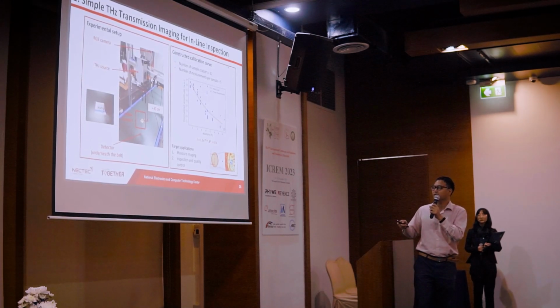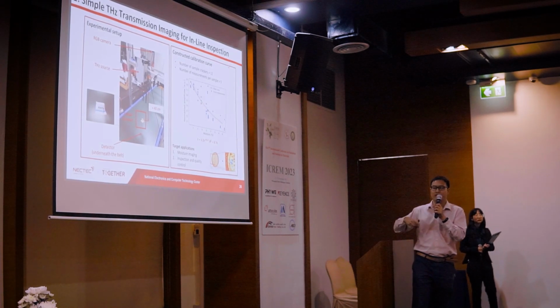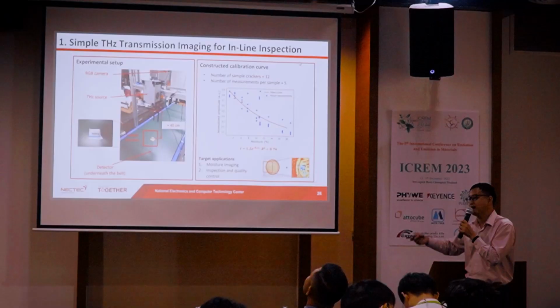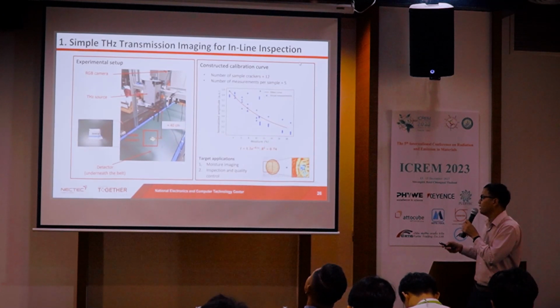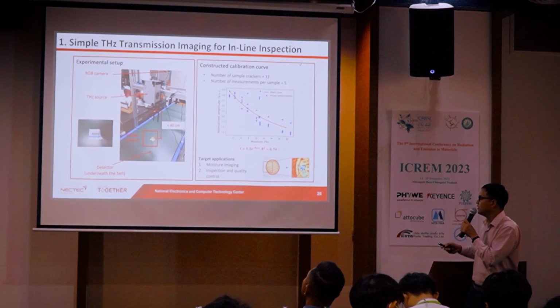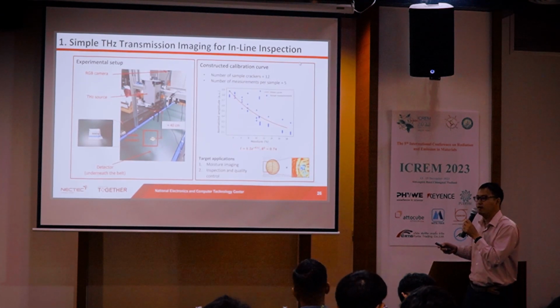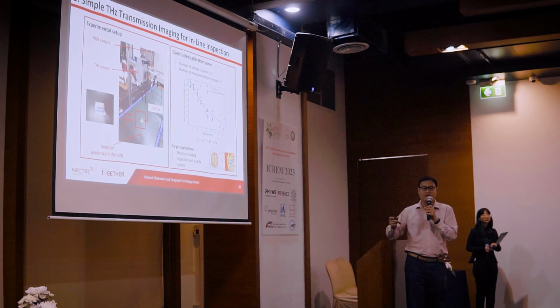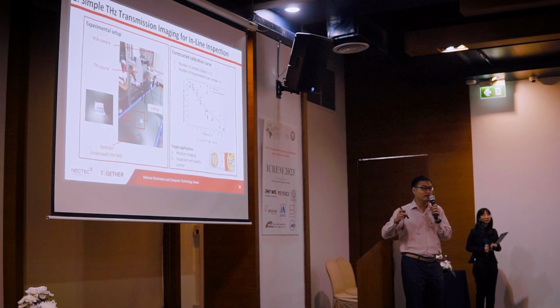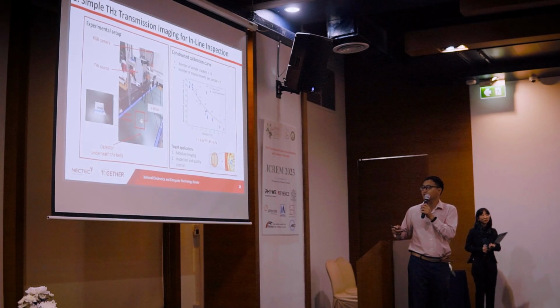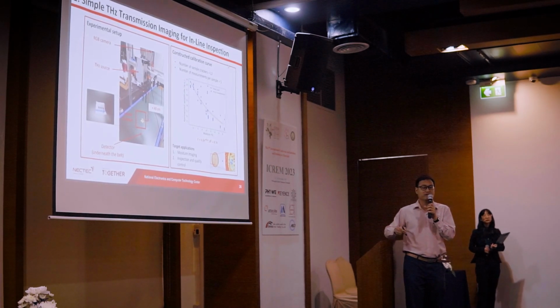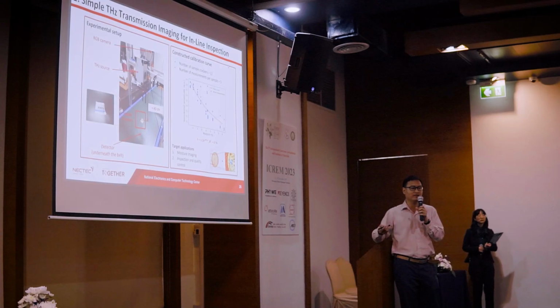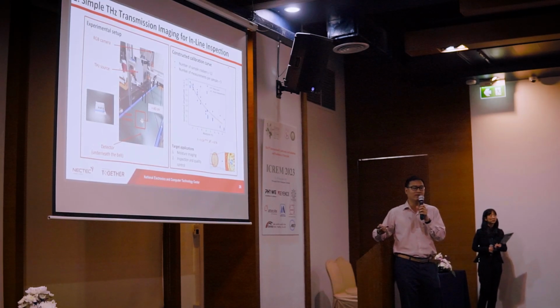These calibration curves represent the relationship between the intensity that you measure with respect to the moisture level. And the next time when you have a new sample, you measure the intensity, then you can solve for the moisture percentage. That's how you measure the moisture content in the sample.